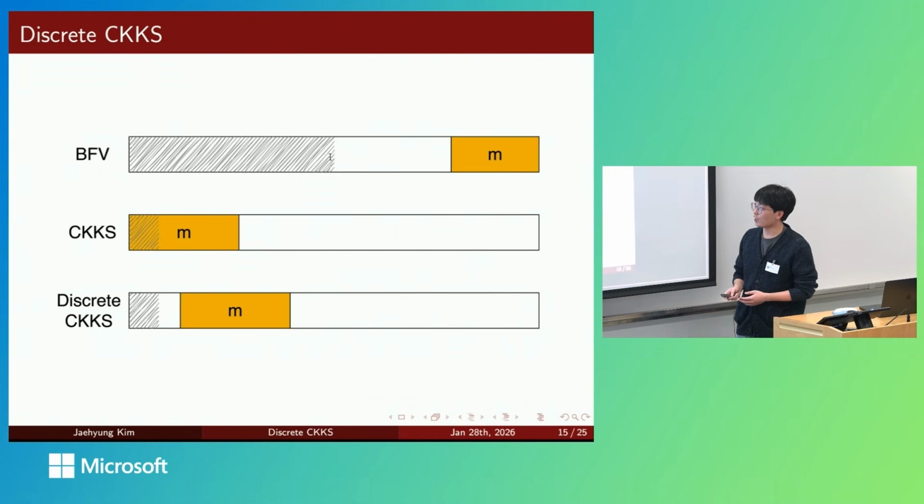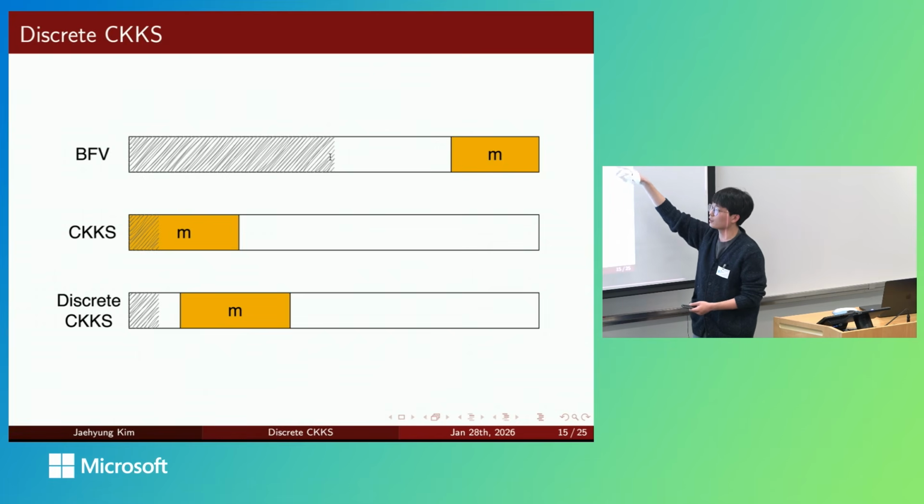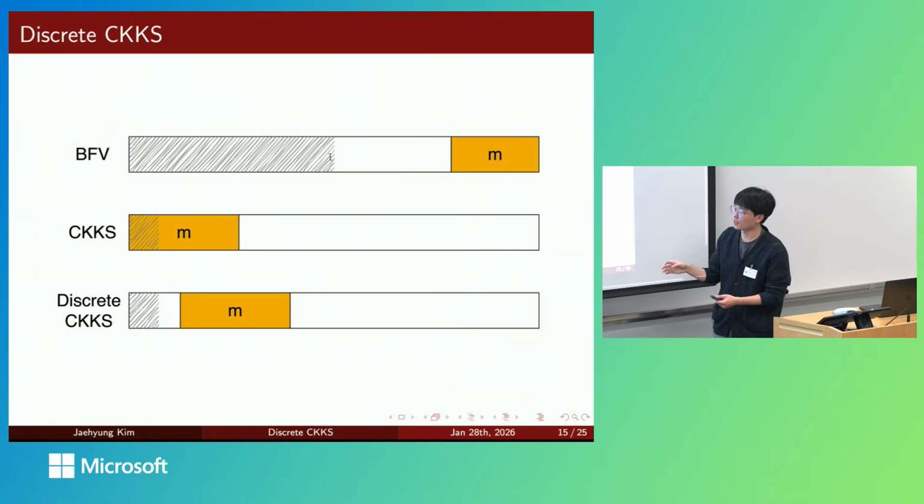Okay, so I described the two schemes, BFV and CKKS, which operate over different error-message models. In BFV, the message is put in the most significant bits, and errors are accumulated from the LSB. While in CKKS, you put both message and error in the least significant bits and just live with your error.